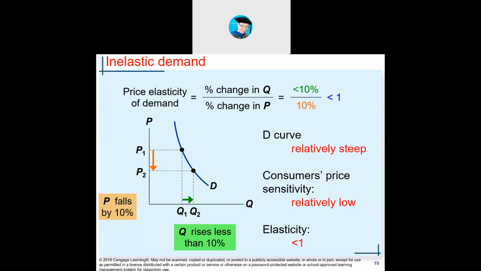In most cases, gasoline, for example, is relatively inelastic demand, because if the price goes up 20 cents a gallon, that's a very low change in the price in comparison, because there is no real alternative, right? So therefore, it will be relatively low elasticity, less than 1. Less than 1 inelastic, greater than 1 elastic.